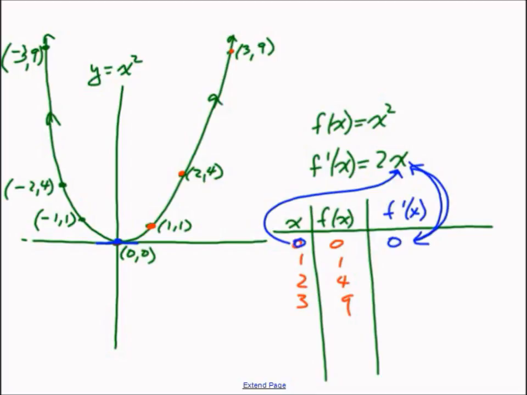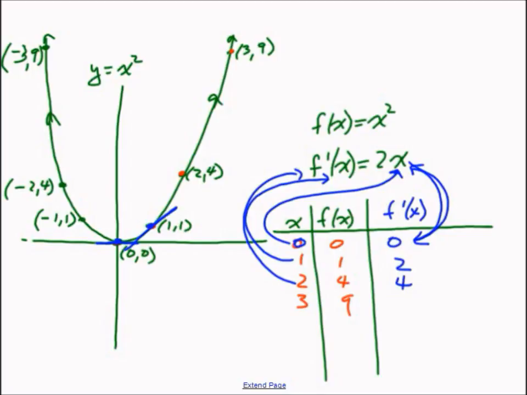Okay, similarly, if we substitute in 1 into this function, we will end up with 2. What that means is at the point where x is 1 on the curve, the tangent line has a slope of 2. We can substitute 2 in to our function. We will get 4.